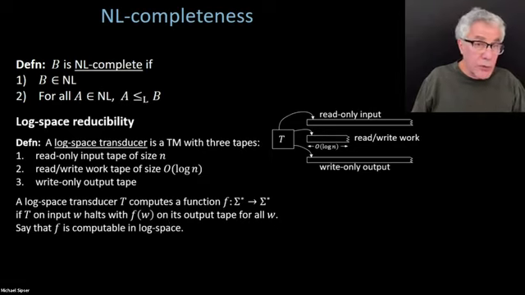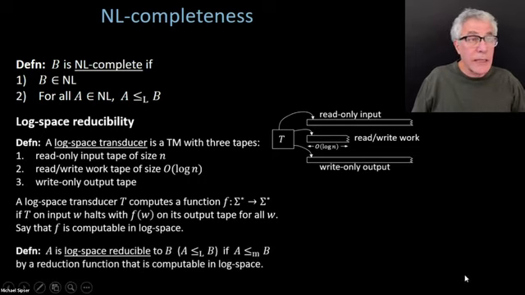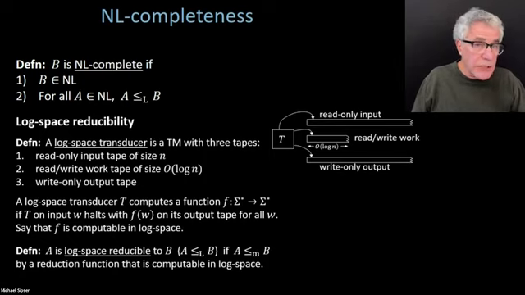That's what it means to be computing the function f. We'll say that A is log space reducible to B, using the L subscript on the less than or equal to sign, if A is mapping reducible to B by a reduction function that's computable in log space. It's the same way we defined polynomial time reducibility, but there we insisted that the reduction function was computable in polynomial time.